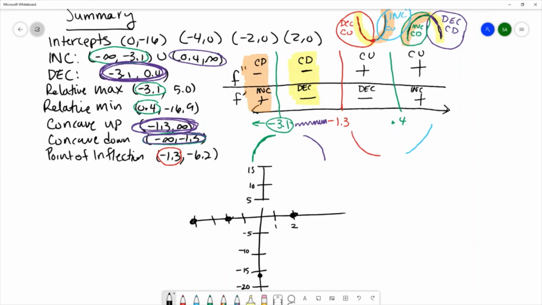So -3.1 and 15 would be about here. And then at 0.4, -16.9 would be about here. And then I have a point of inflection at -1.3, -6.2, which would be around here.